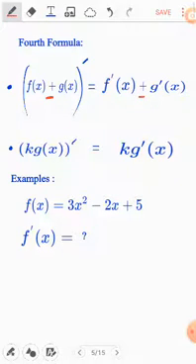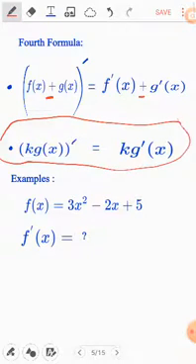So the derivative of the addition and subtraction of functions is the addition and subtraction of the derivatives. This is the formula.